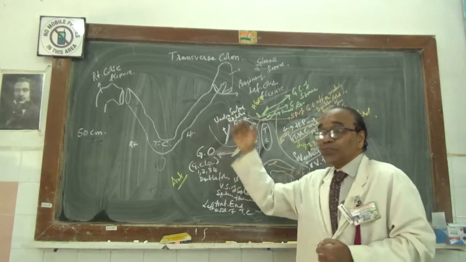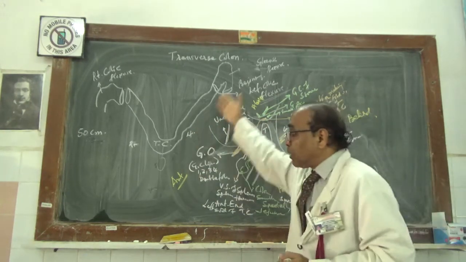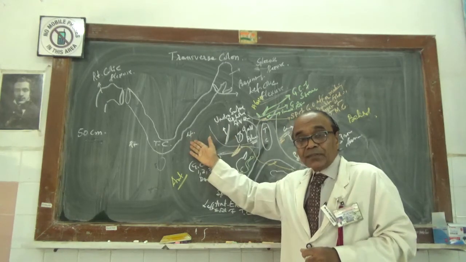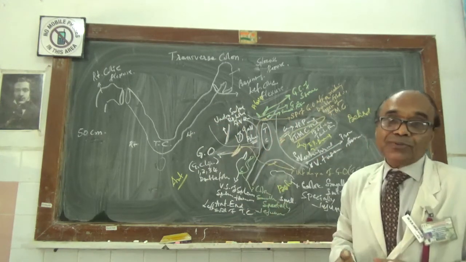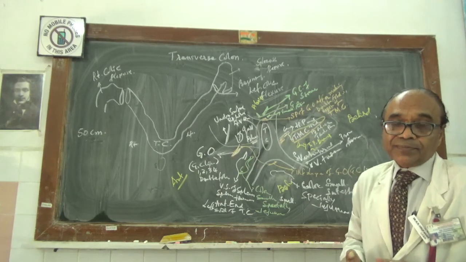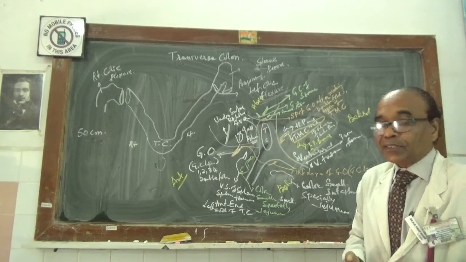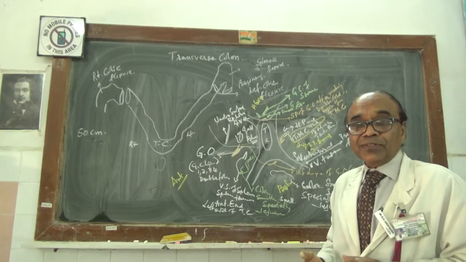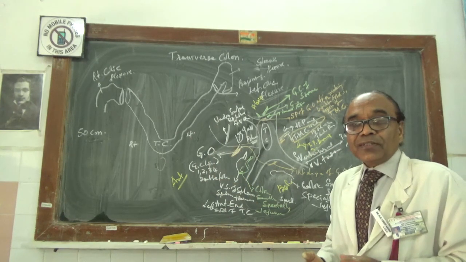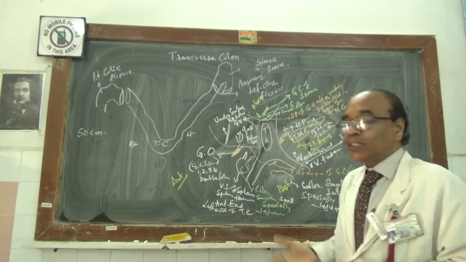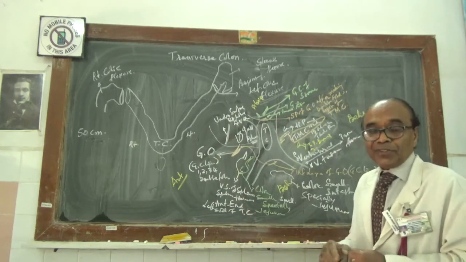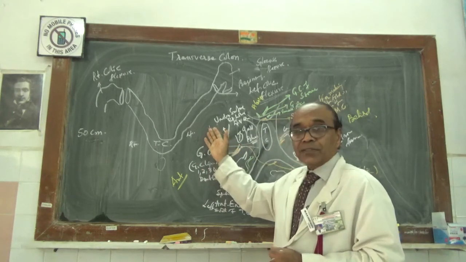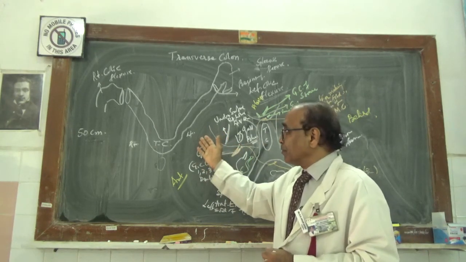On the left part of the transverse colon, there will be what? Another. Now that thing is called the left colic. Now this left colic artery is a branch not of the superior mesenteric, but of the inferior mesenteric artery, which will be running in the mesentery.